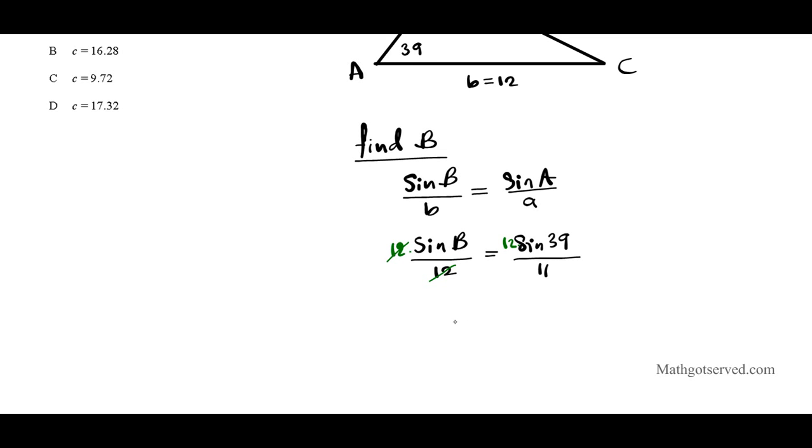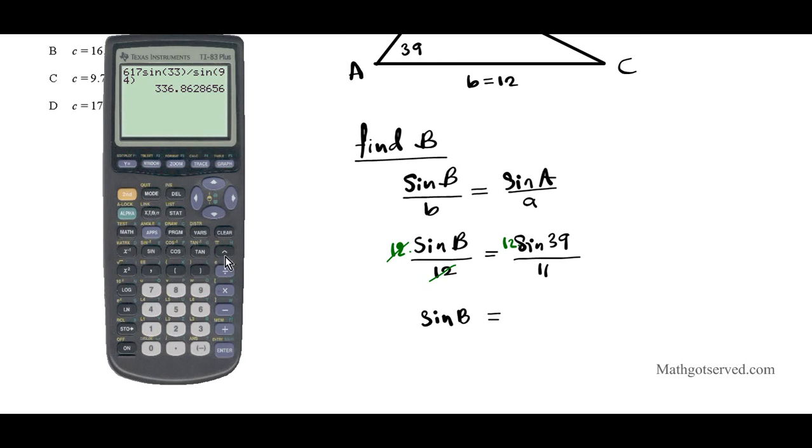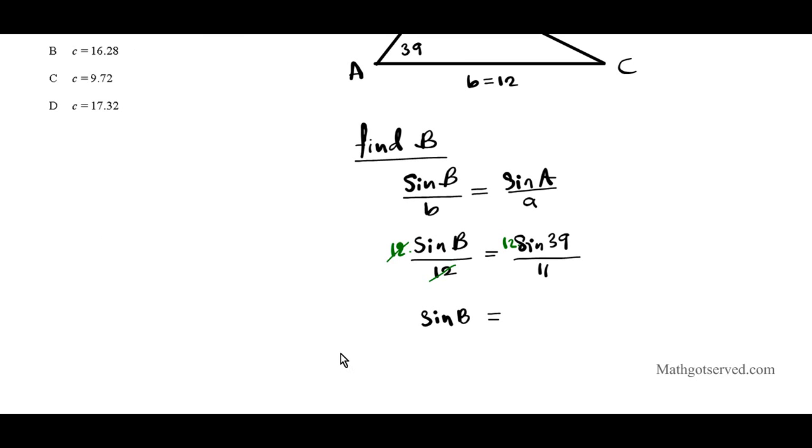And then we have sine B equals. Now, what we're going to do is plug this into the calculator to see what the value of sine B equals. Okay, so let's go ahead and compute that. Parenthesis 12 sine 39 divided by 11. So it's 0.6865.